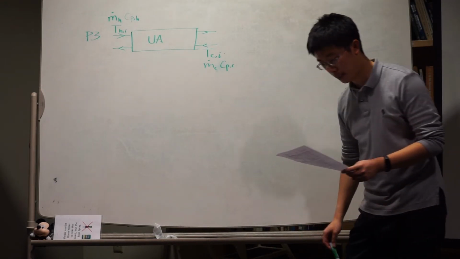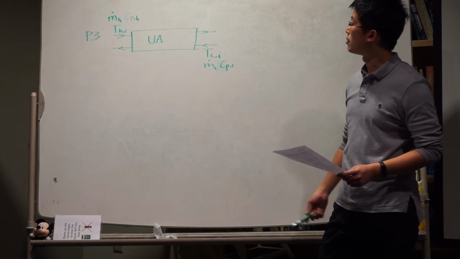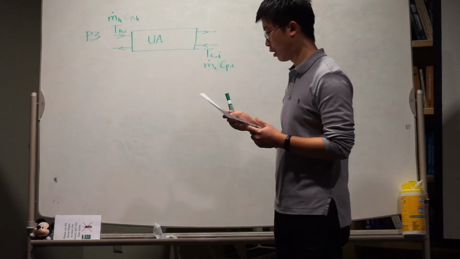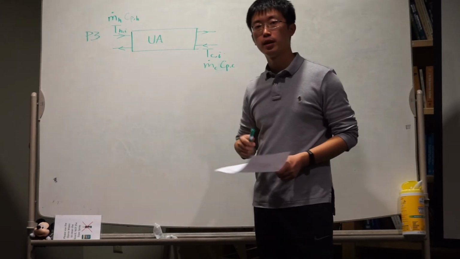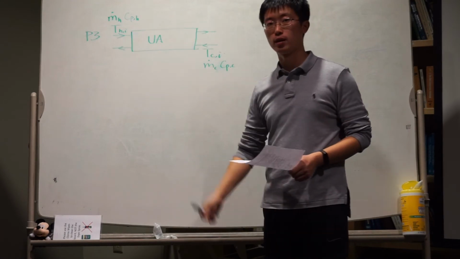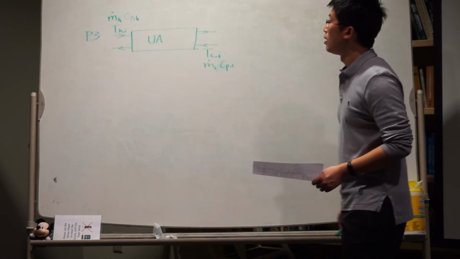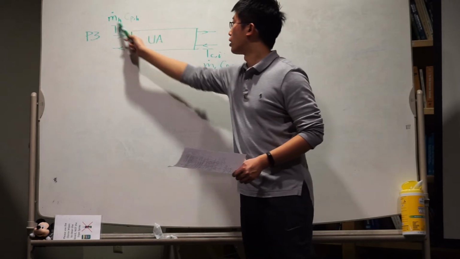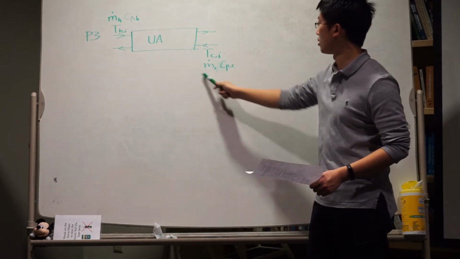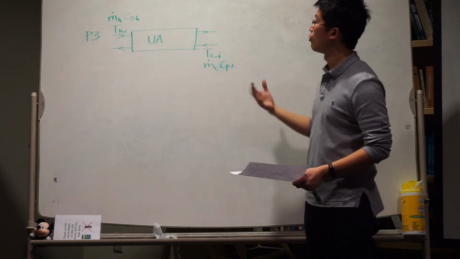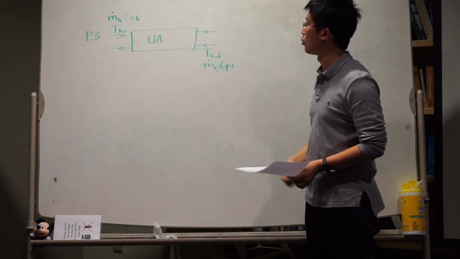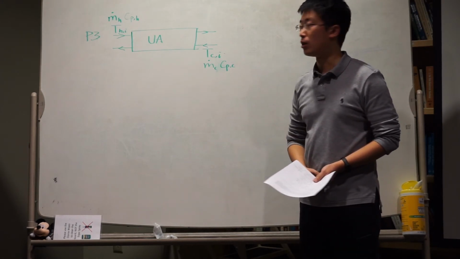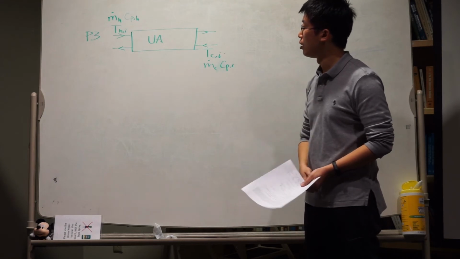It's a heat exchanger problem, and here the overall heat transfer coefficient is given, and the shape is given, so we can calculate the total area. And we know the mass flow rate and the specific heat for both flows, and we know the inlet temperatures.